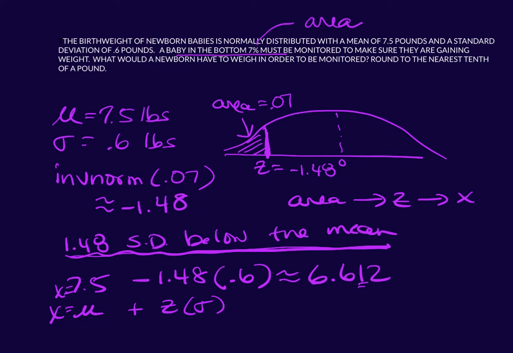And if I round it up to 6.7, then that baby is not quite in the bottom 7% anymore. So we're going to say the baby would have to weigh 6.6 pounds in order to be monitored. So that was an example of taking our area in the beginning, our 7%, converting it to a z, and then converting that to an x value.